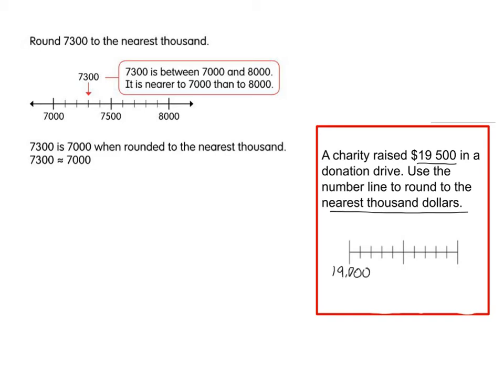The multiple of 1,000 that would come after would be 20,000. Our middle would be 19,500, which is exactly the number we've got here. And remember the rule, we would round it up. So we could say 19,500 is approximately 20,000.